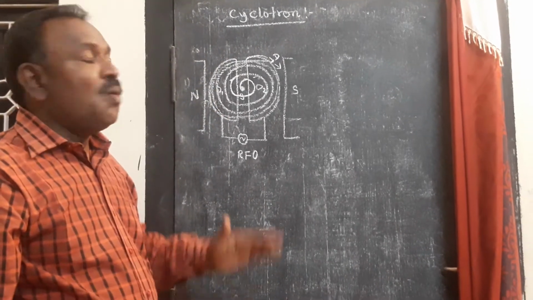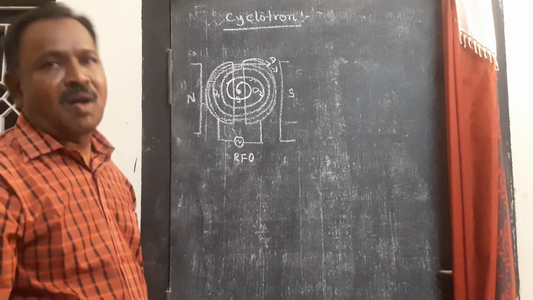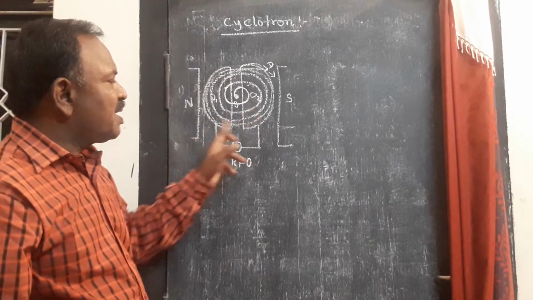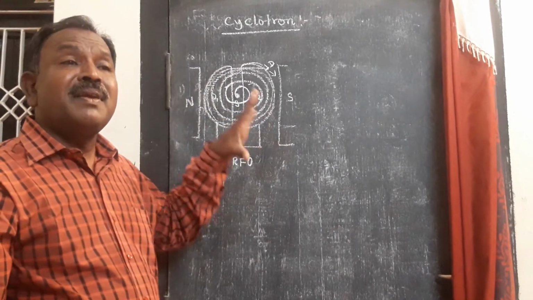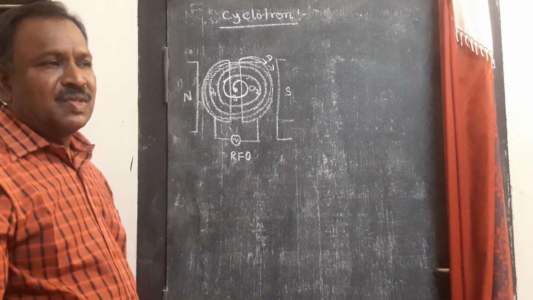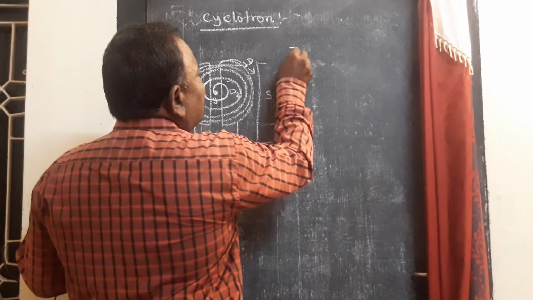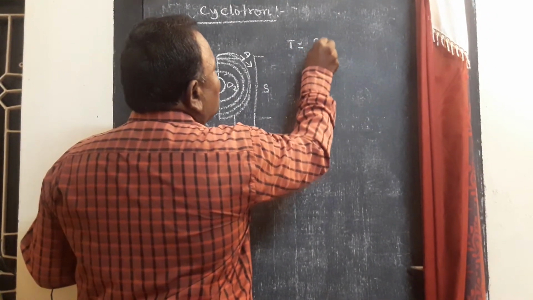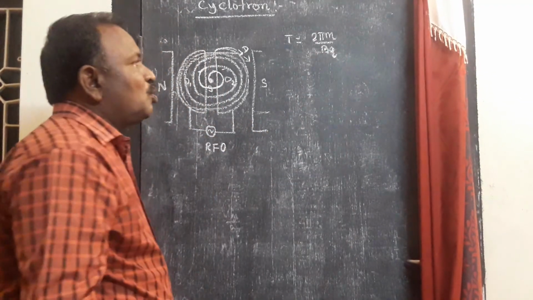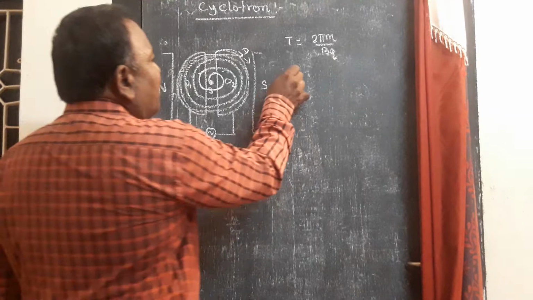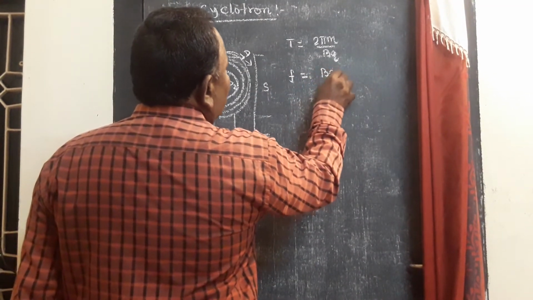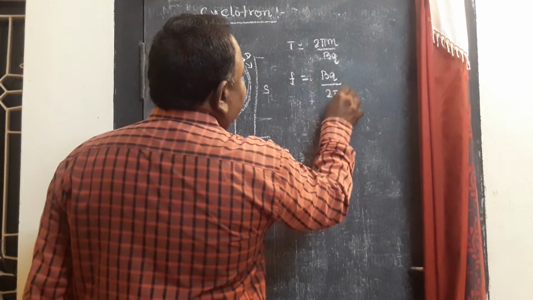Now let us see the theory part of the cyclotron. Since this charged particle moves in a uniform magnetic field in a spiral path, it obeys the magnetic Lorentz force. So the time period of the cyclotron is given by 2 pi m by Bq, or the frequency of the cyclotron is given by f equals Bq by 2 pi m.